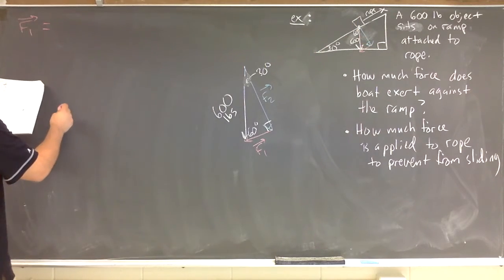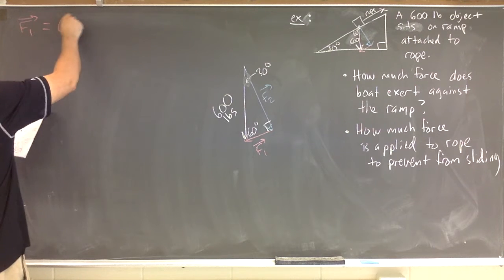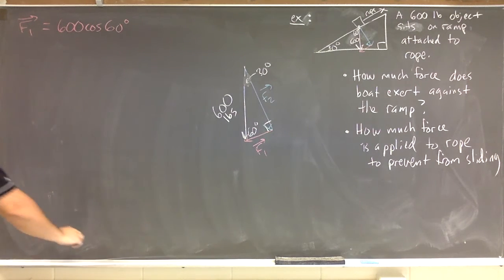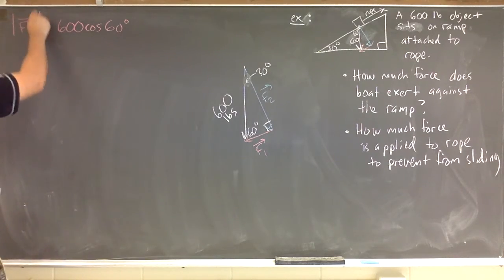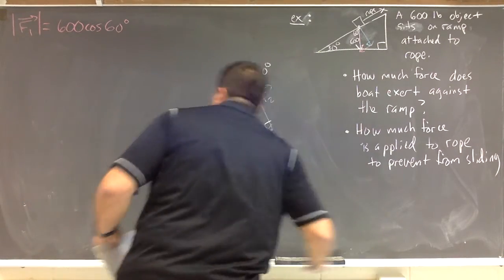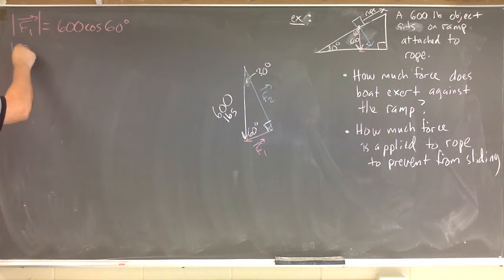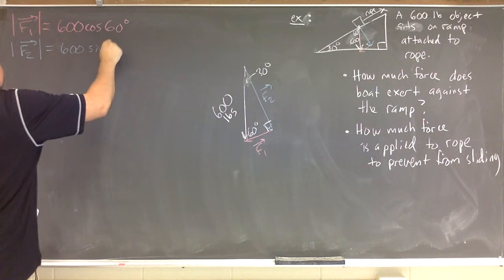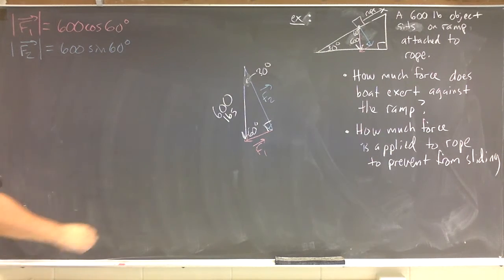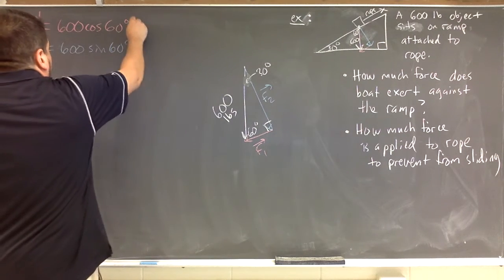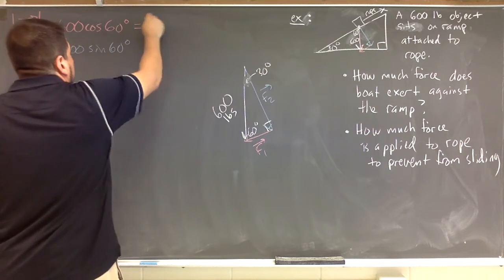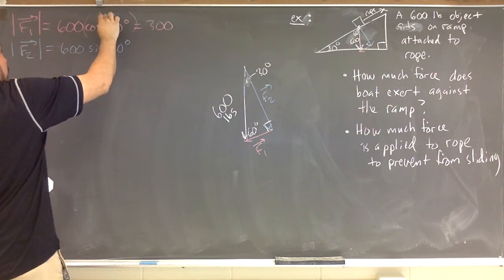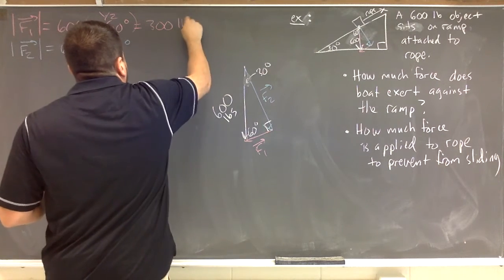And so that's going to be just 600 times the cosine of 60 degrees. Okay, and that's for the magnitude. And now the magnitude of F2 is 600 sine 60. Okay, and so that means we get, in one direction, 300 pounds, because the cosine of 60 is 1/2, right? This is 1/2. So 300 pounds, and this is on the rope.